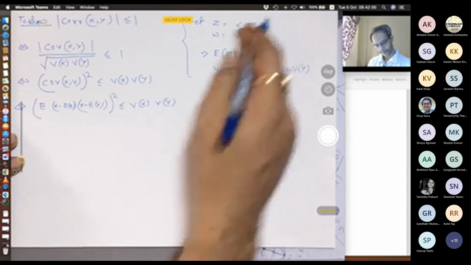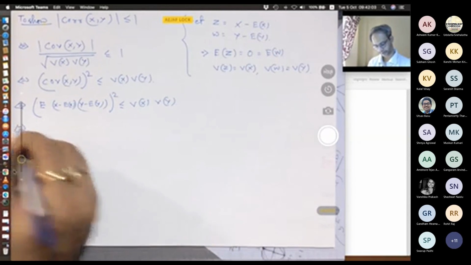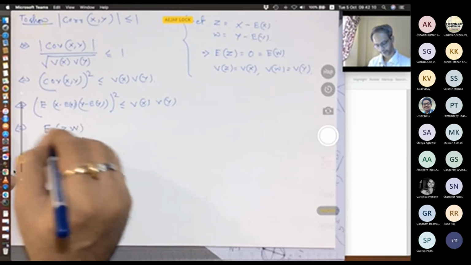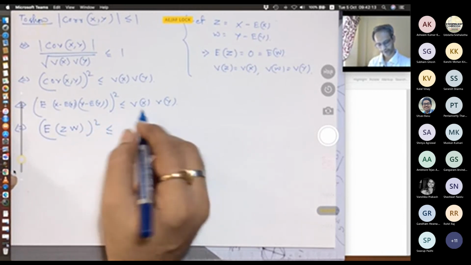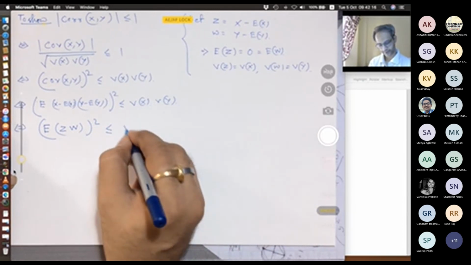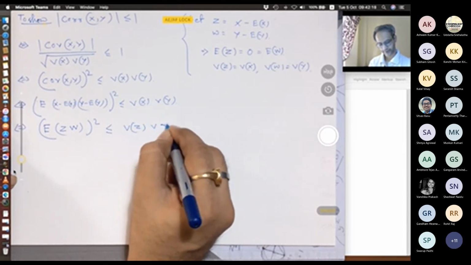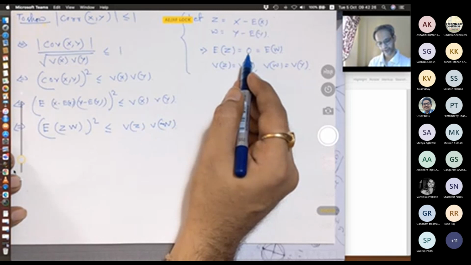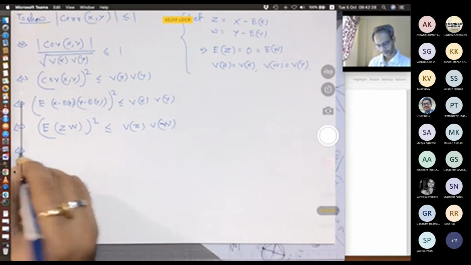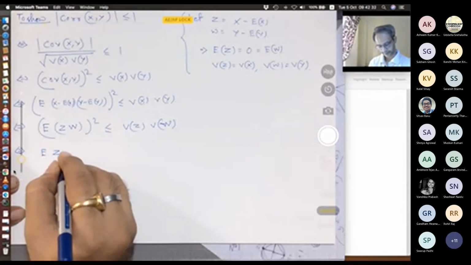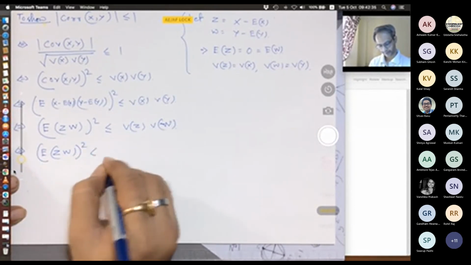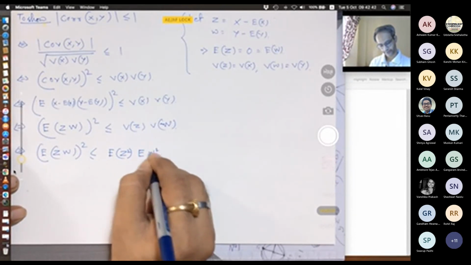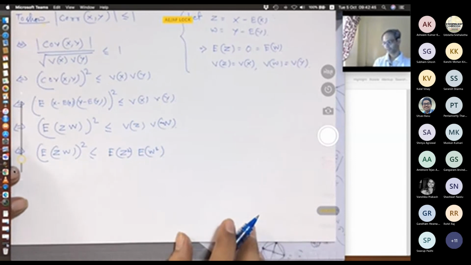Then again you go by this notation, this is eventually the same thing, expectation of ZW whole square less than or equal to, I can say, variance of Z into variance of W. And expectation of Z is 0, expectation of W is 0, so it is also equivalent to show expectation of ZW whole square is less than or equal to expectation of Z square into expectation of W square, because their individual expectations are 0.